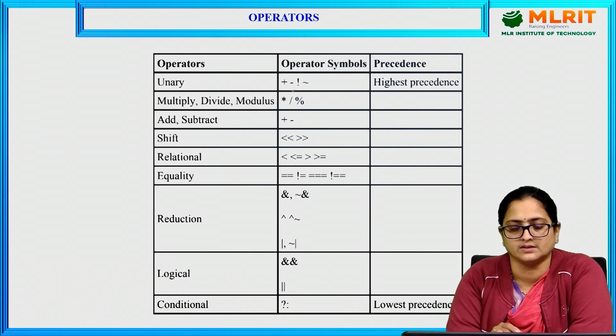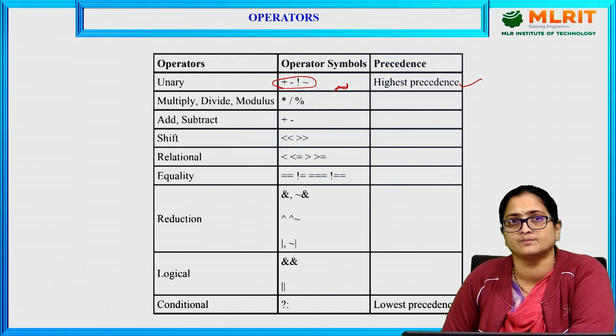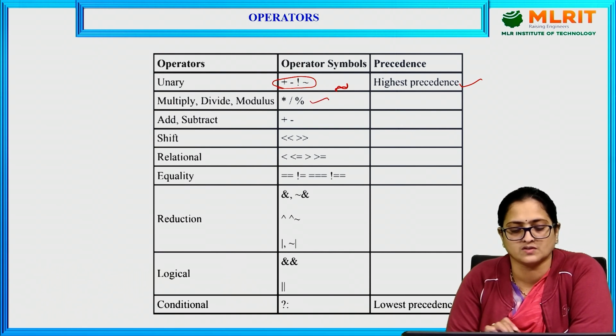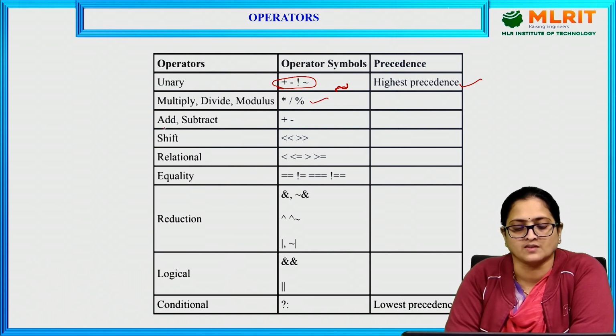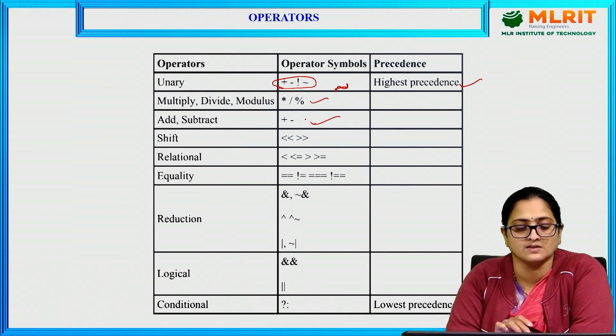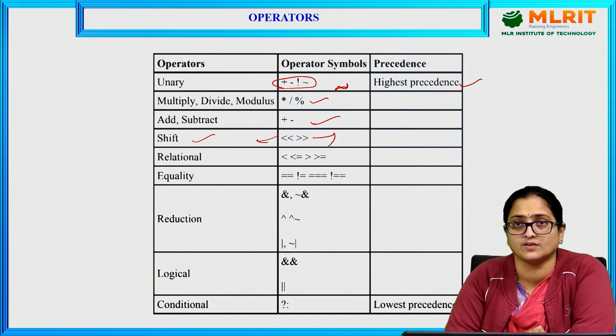Unary operators are the ones having the highest precedence. Next, multiplication, division, and modulus have the next highest precedence. Next, addition and subtraction, which is lower than multiplication, division, modulus, but higher than the remaining ones. Then there are shift operators, left shift and right shift.